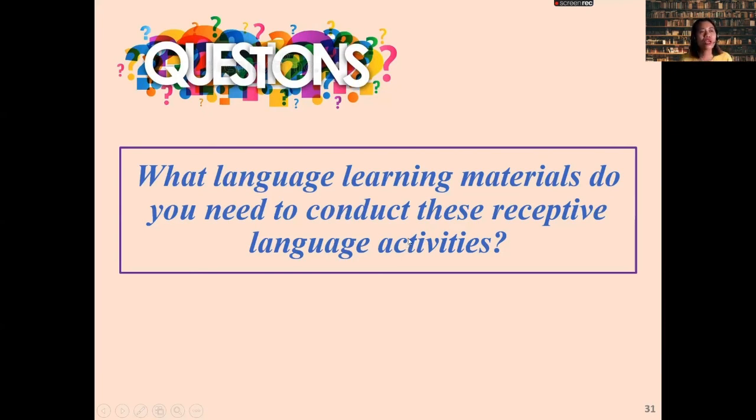Please do choose one and give me the materials that you would need in order to conduct the receptive language activities mentioned in the previous slide. Just choose one because this is oral. All of you should be able to speak, and if you choose a lot, that would take so much time. So just choose one and tell me the materials, and of course you have to explain why.